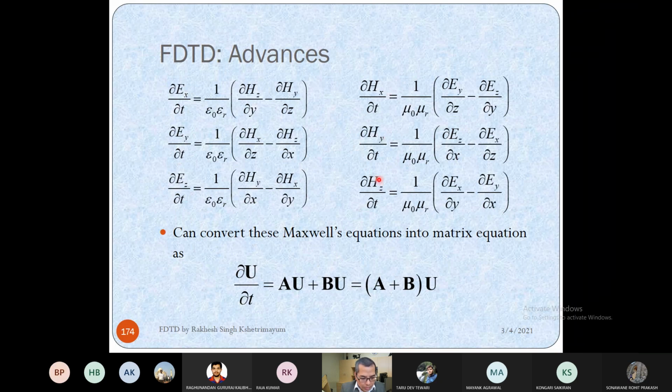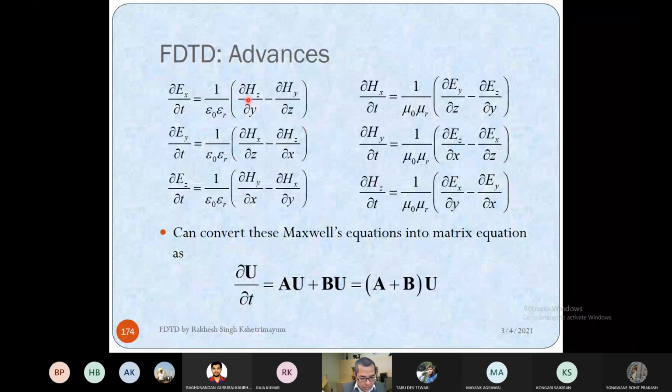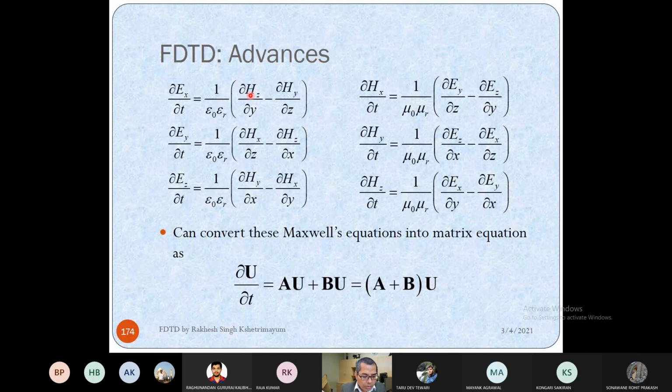On the right hand side also, you have 3 components of magnetic field and 3 components of electric field. If you define matrices A and B in a proper way and multiply with U, then you should be able to write this whole equation in a compact matrix form.